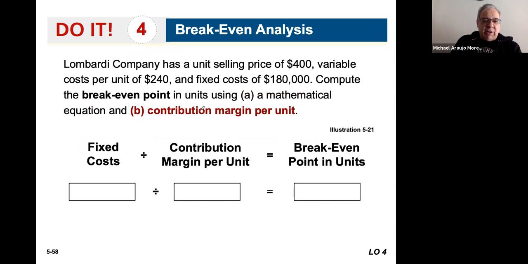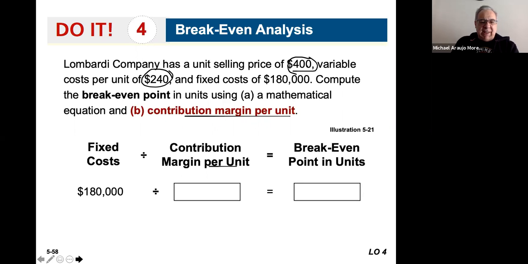The other way to do it is to use the contribution margin. You know the contribution margin is 400 minus 240. That gives you a difference of 160 divided back over 400. There's your contribution margin per unit. You have fixed costs of 180,000. I'm sorry, you got a contribution margin of $160 per unit.